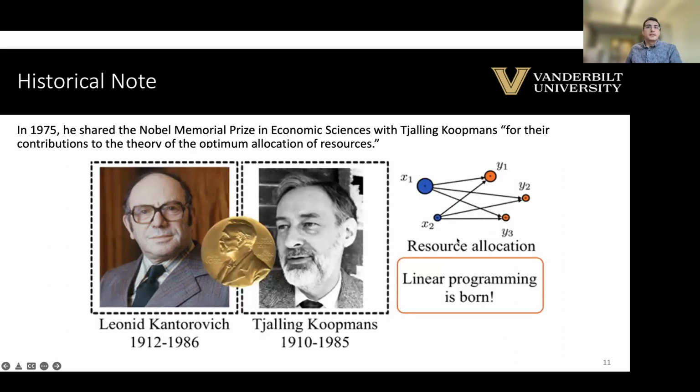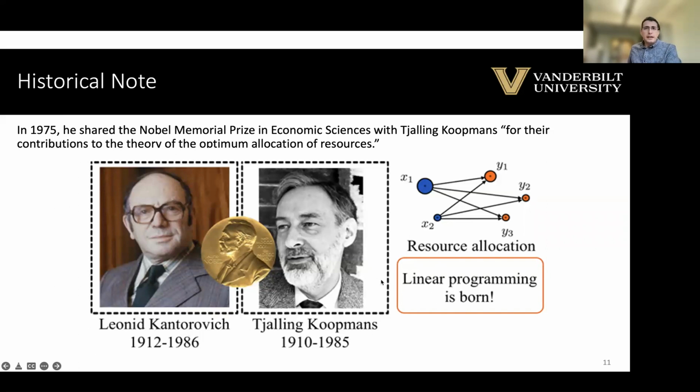It's worthy to note that Kantrovich, together with Koopman, won the Nobel Prize in Economic Sciences for their contributions to the theory of optimum allocation of resources. And actually, the invention of linear programming was rooted in this optimal allocation of resources as well, which is interesting from a computer science perspective. The term linear programming was coined by Koopman.